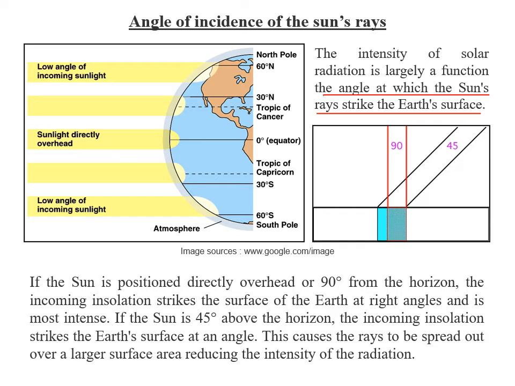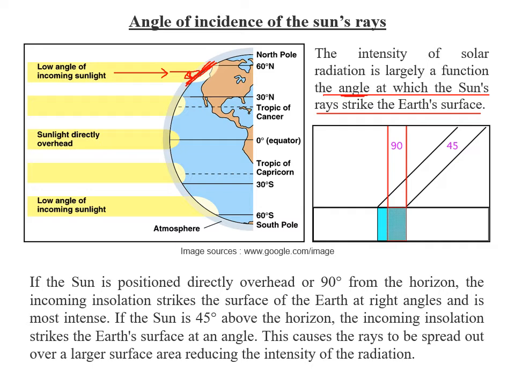Now, what do you mean by the angle? It is the angle between the incoming solar radiation and the earth surface level. For example, this incoming solar ray comes in this way, and the average surface of the earth in this portion is like this. So this will be the angle of incidence.